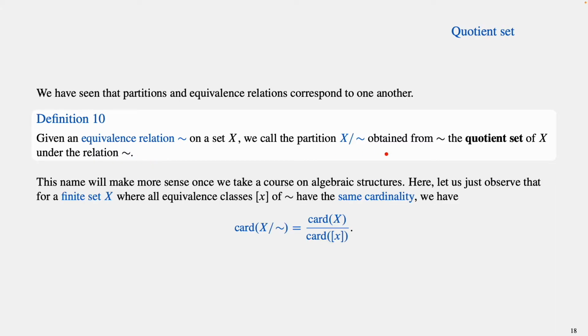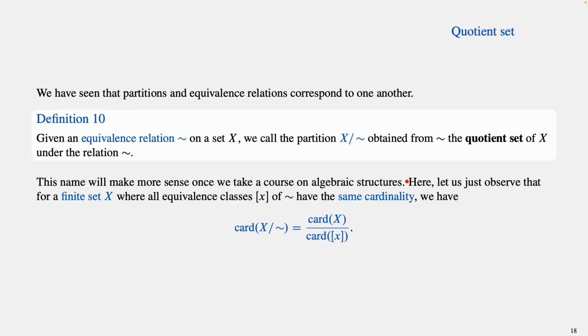It's a bit of a mysterious name maybe, why we call this the quotient set. This name will make more sense once we take a course on algebraic structures. That's not what we will do here, but we leave this to another course that will hopefully appear soon on my channel.